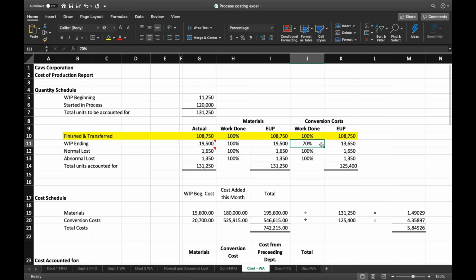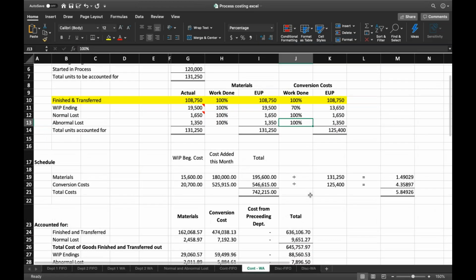Conversion cost 70%, 13,650. Lost units 100%, 100%. Why? Because inspection point is at the end of the process. So therefore, nalagyan na siya ng materials bago siya na-identified na lost units. Kaya 100%, 100%. Conversion cost is 100% because inspection point is at the end of the process.